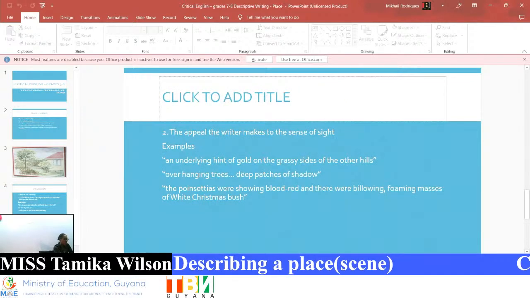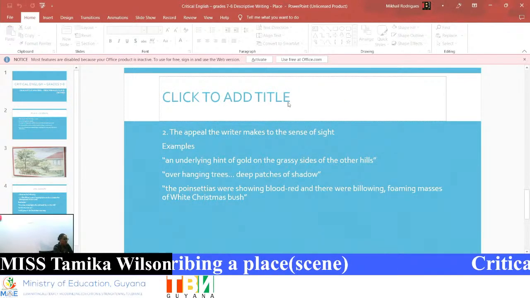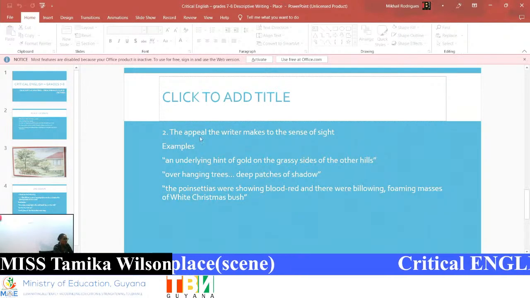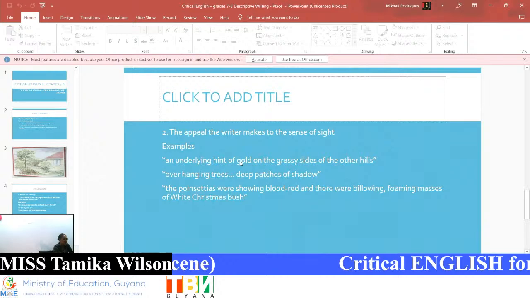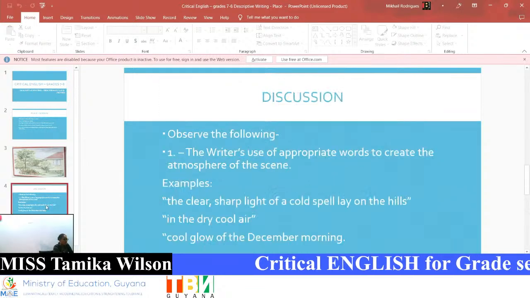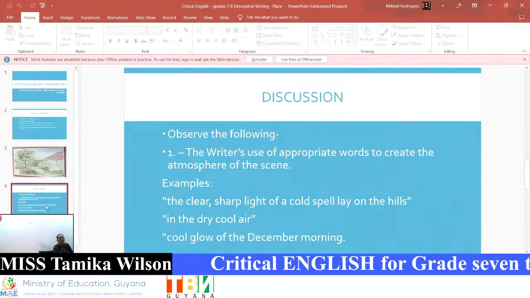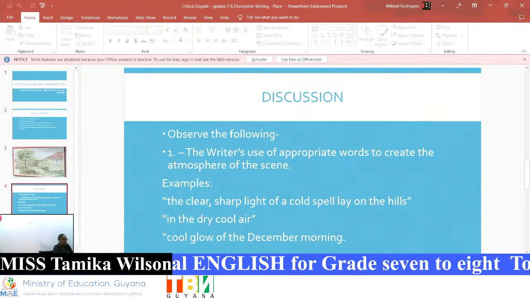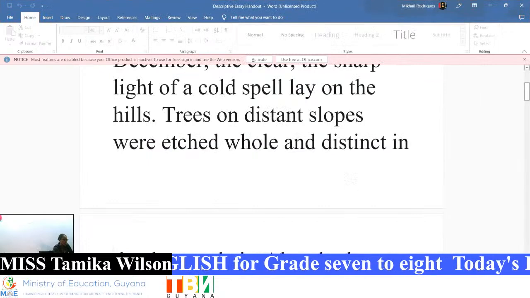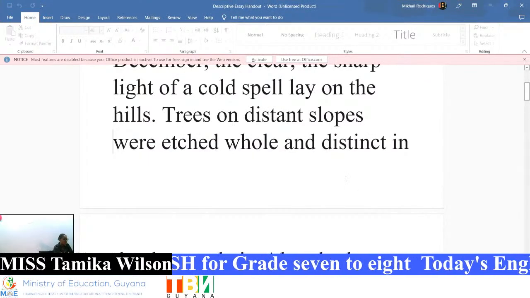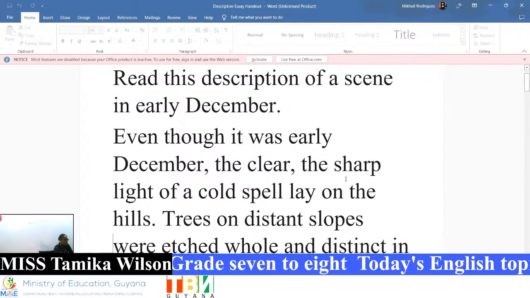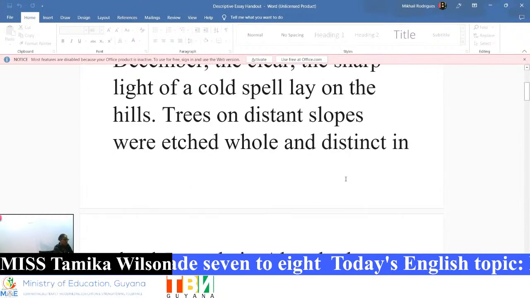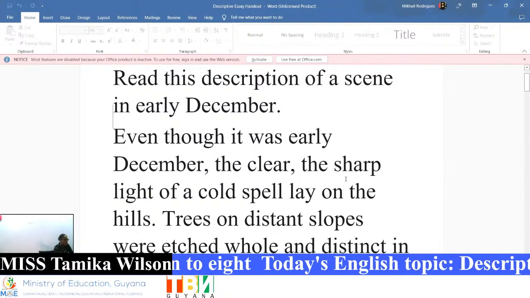The next thing we want to look at is the appeal the writer makes to the sense of sight. So can you identify anything in the passage, and let's go back through the passage, that may tell us about the sense of sight? Of course, we're skimming through.